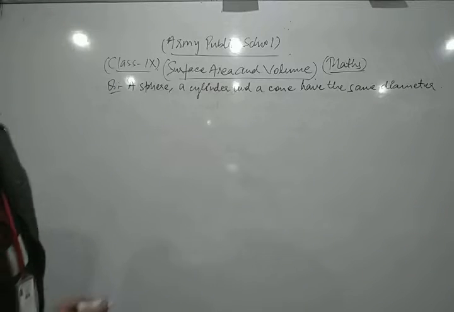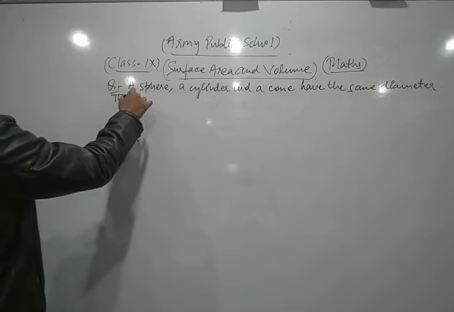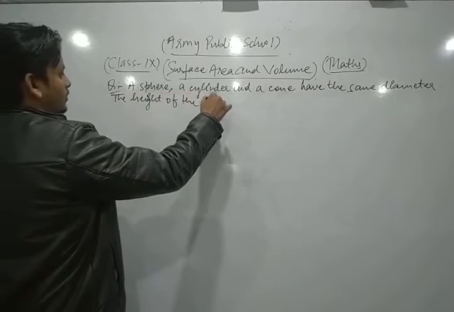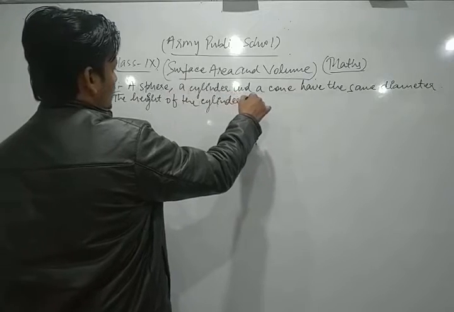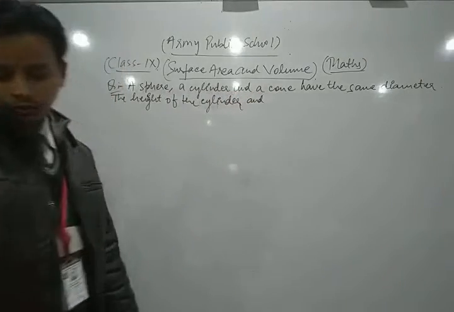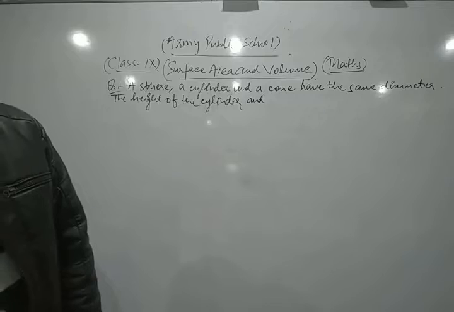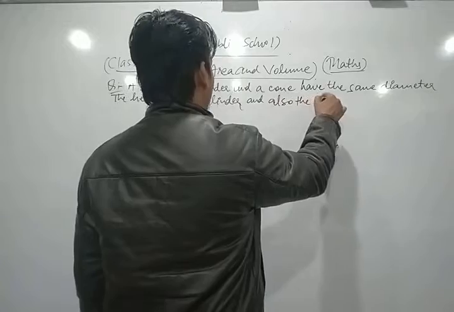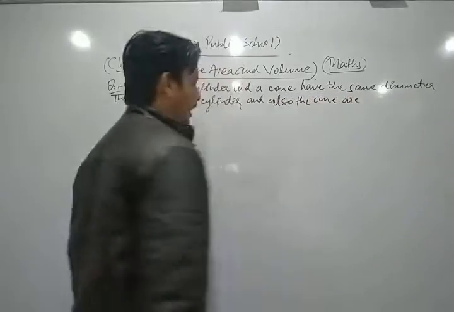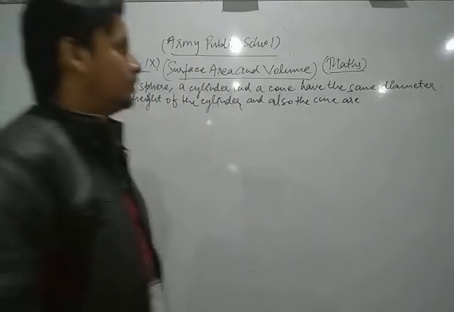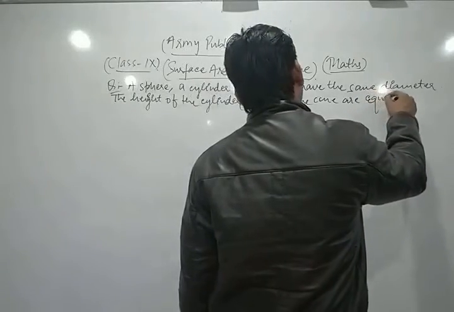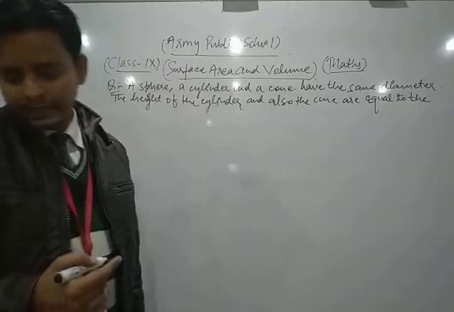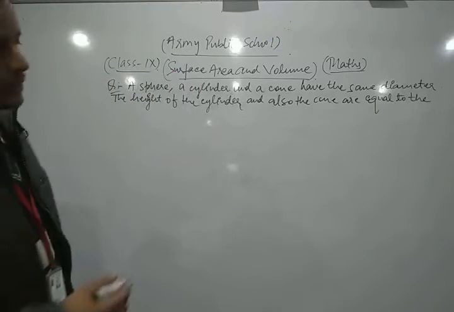The height of the cylinder and also the cone are equal to the diameter of the sphere.